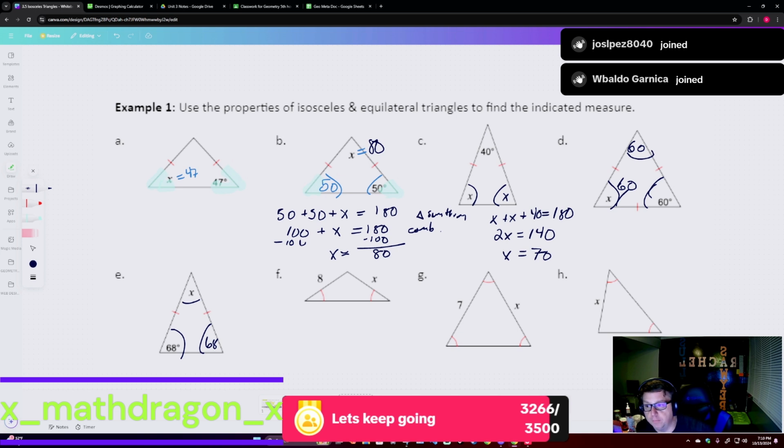Now, here's a new one. Because the angles are equal, that tells me that this side is equal to that side. So I know x is going to equal 8. I know this side is equal to that side is equal to that side. So all of these sides are 7 because all the angles are equal.